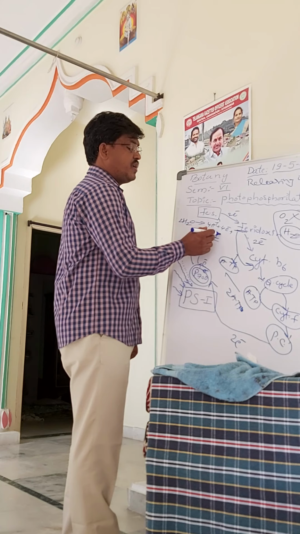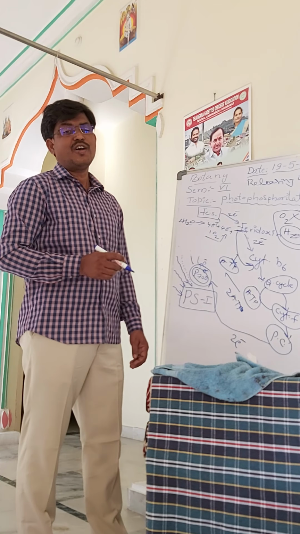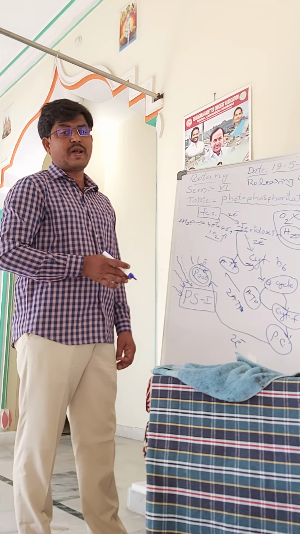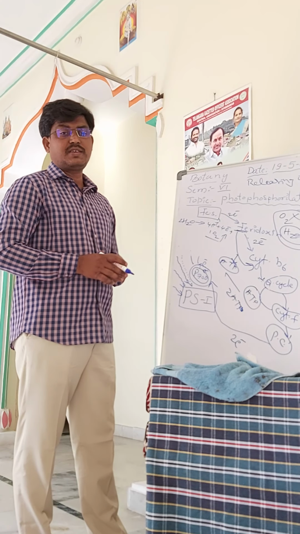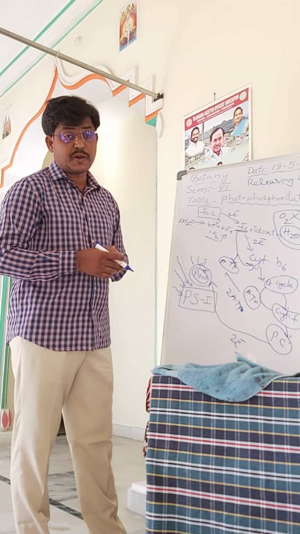So this O2 is released by the photolysis of water. It is not happening in cyclic photophosphorylation. This is about cyclic photophosphorylation, and tomorrow I will discuss non-cyclic photophosphorylation.